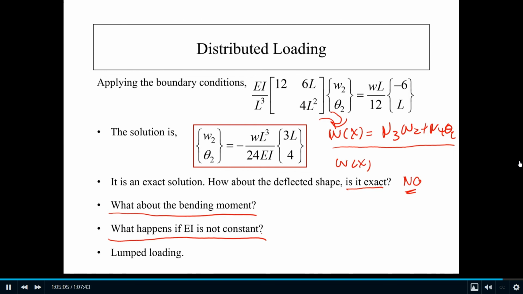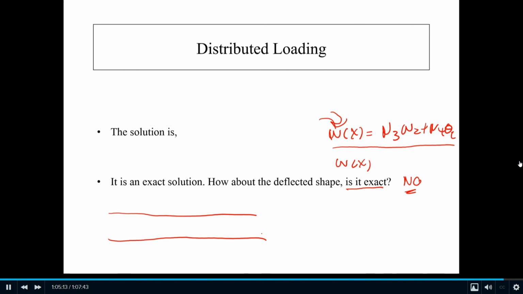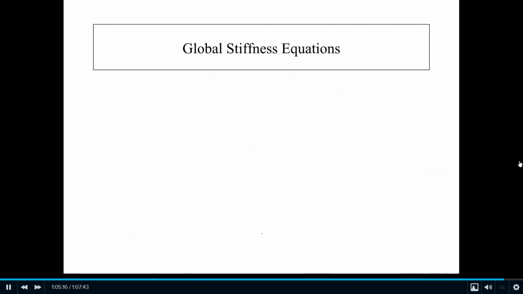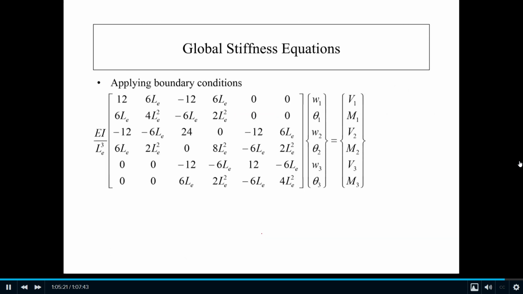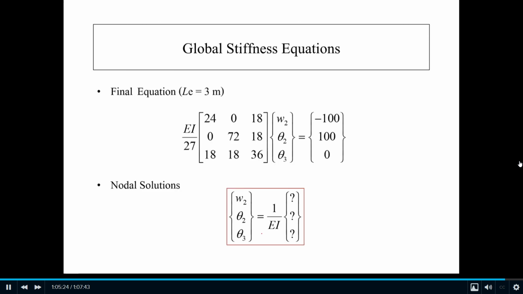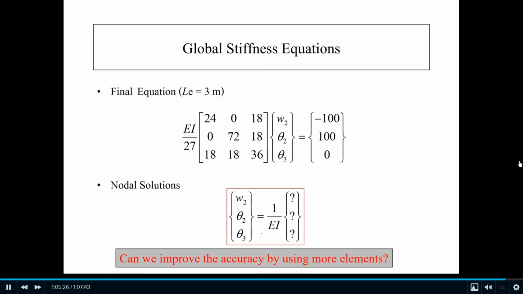So if EI is not constant, you use more elements, like the previous example. With this, you can answer me now: can we improve the accuracy by using more elements?